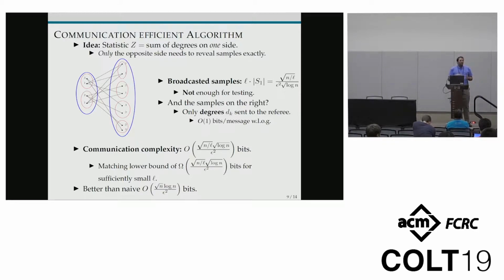However, if you just know the labels of the left part explicitly, which takes log n bits per node, the nodes on the right can just compute their degree in the graph, like how many labels they're equal to, and just send their degree, which is much cheaper. So we'll send the degree to the referee, and the referee can compute the statistic and solve the problem.